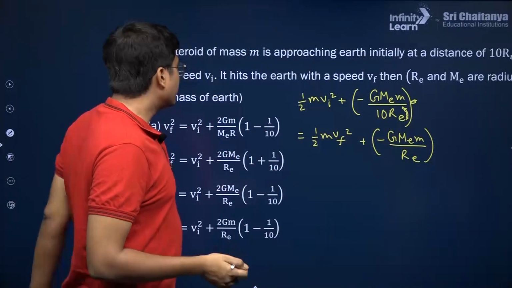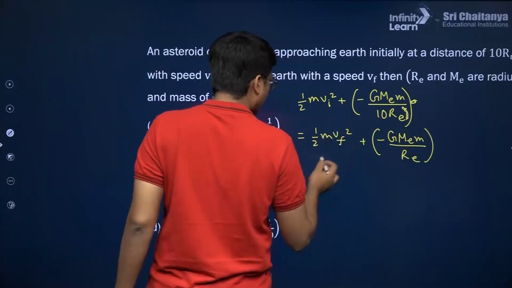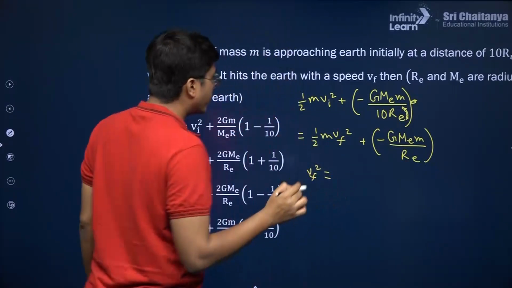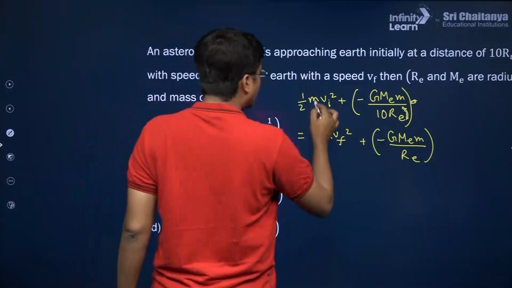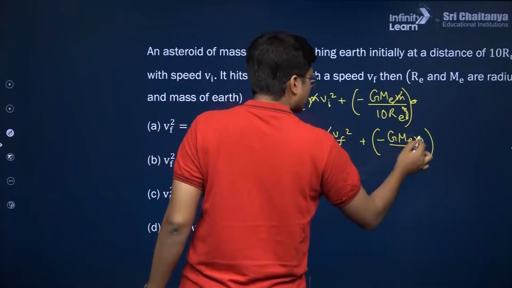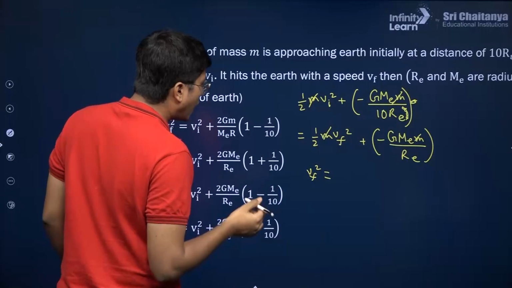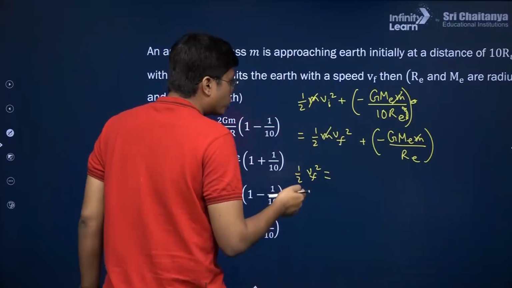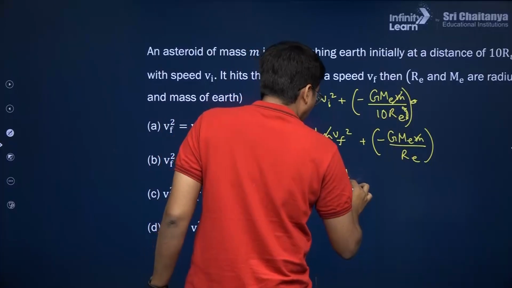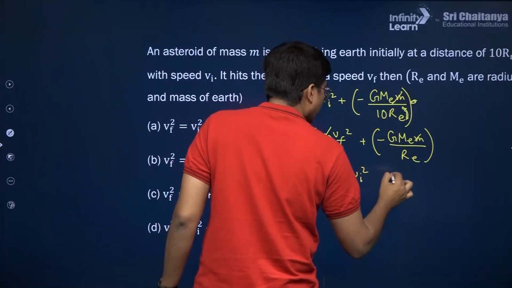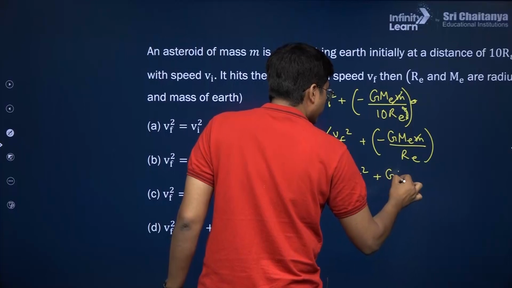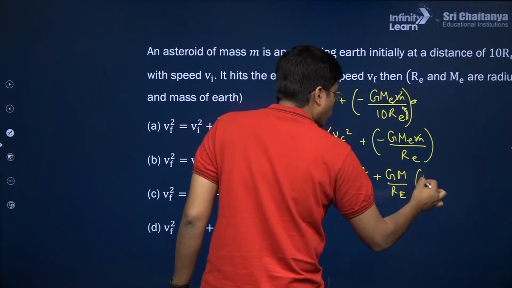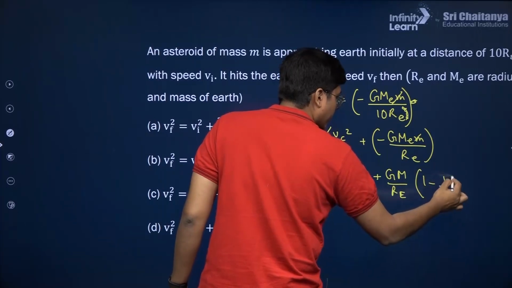Okay, so over here you can just shift terms since I'm finding vf square. You can first cancel out the masses. So your half vf square would be equal to half vi square plus G Me by RE into 1 minus 1 by 10.